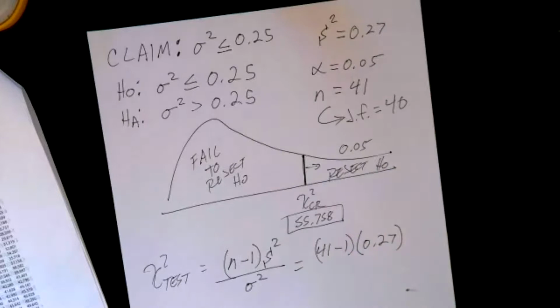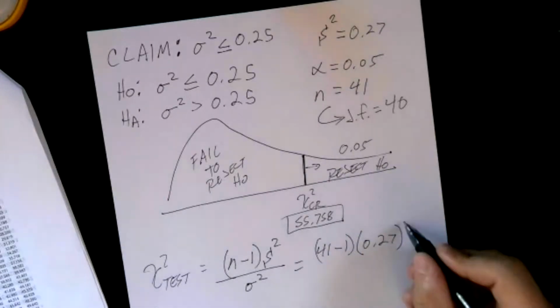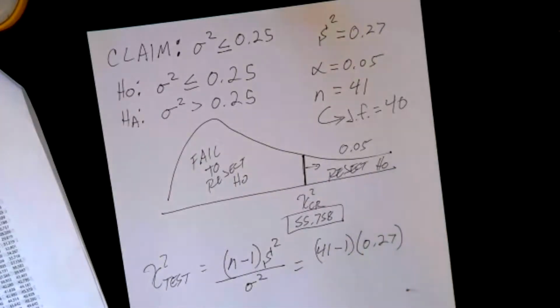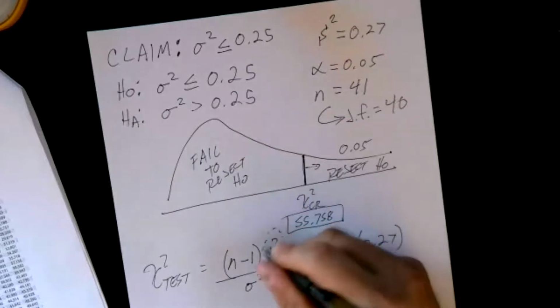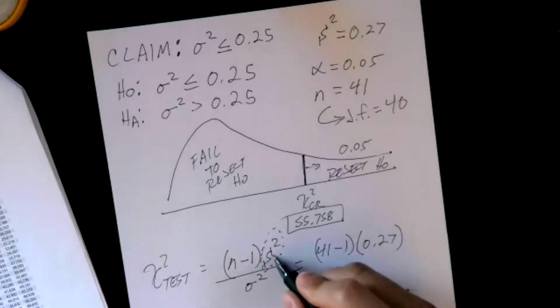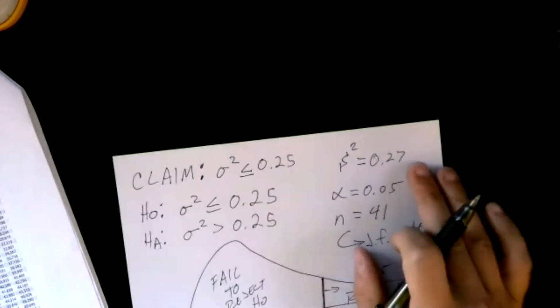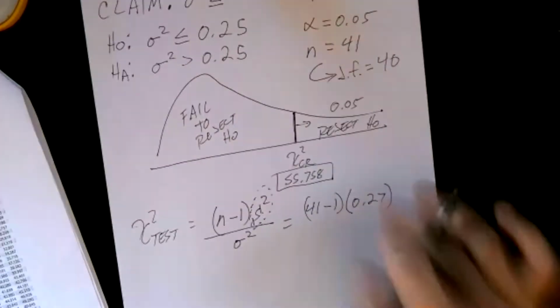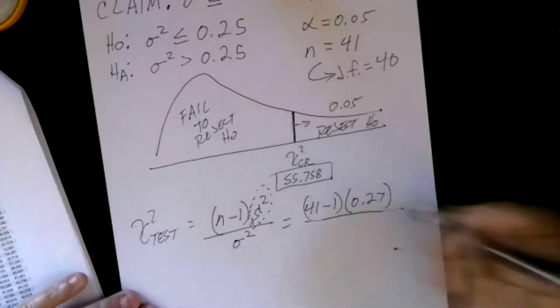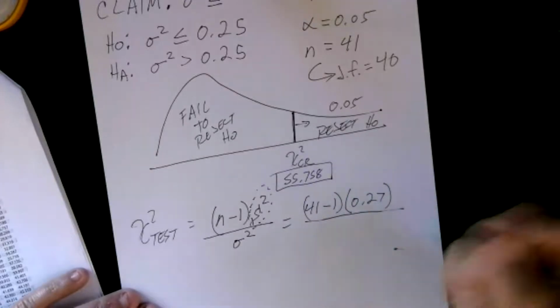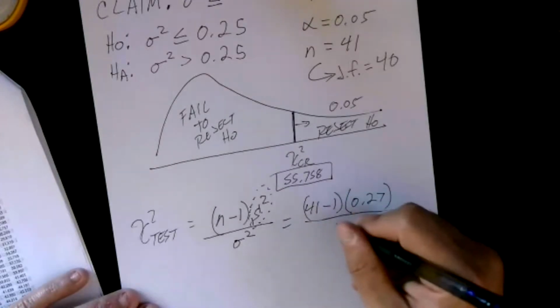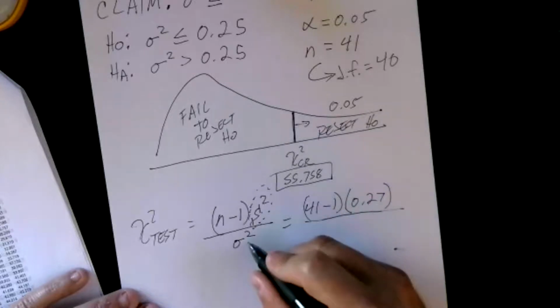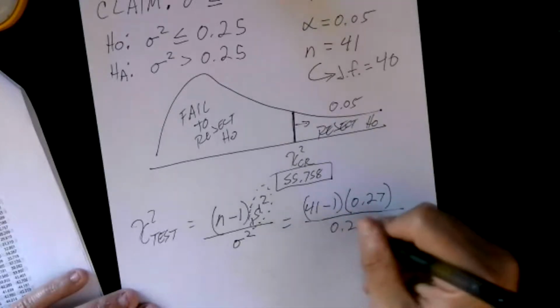Now be very careful here. We are not going to square this because S squared represents variance. We have the variance, so there's no need to square it. Now, if this were a standard deviation problem, we would square it, but it's not. Population variance, we assume, is 0.25.